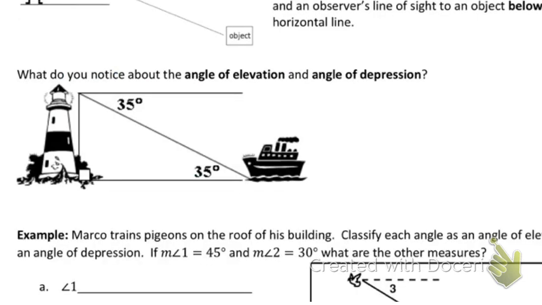Now, depending on what object we're talking about is basically going to tell you whether it's an elevation or a depression. So in this little picture here, we have a lighthouse that has an angle of depression of 35 degrees because if the lighthouse could look straight ahead, its angle down is our angle of depression.